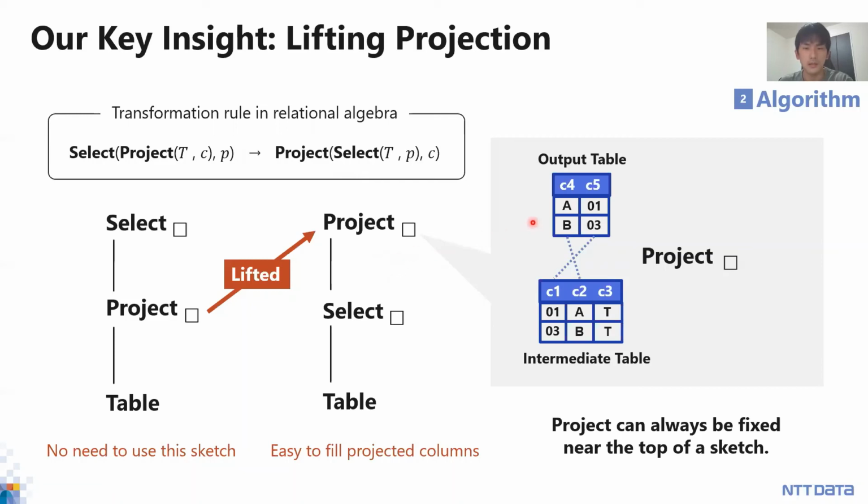In this case, C4 in the output table corresponding to C2 and C5 correspond to C1. So the projected column should be C2 and C1. Actually, the projection operator can always be fixed near the top of a sketch. This means we can always fill the projected column efficiently.